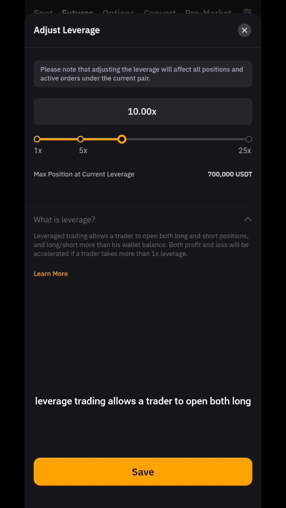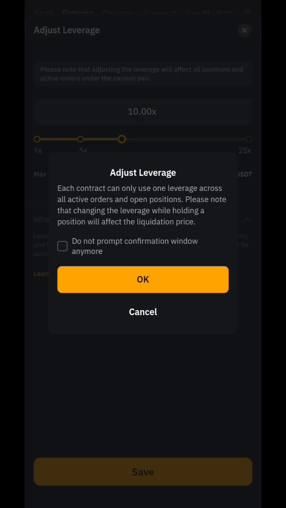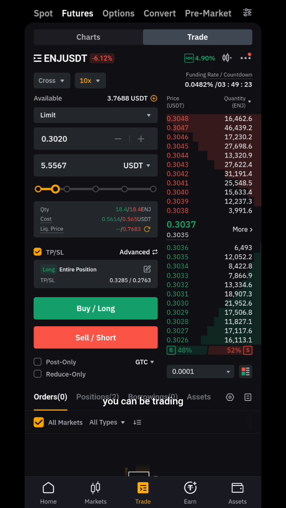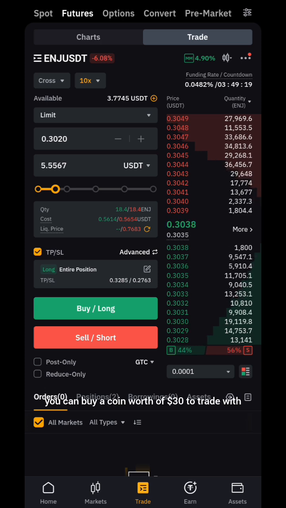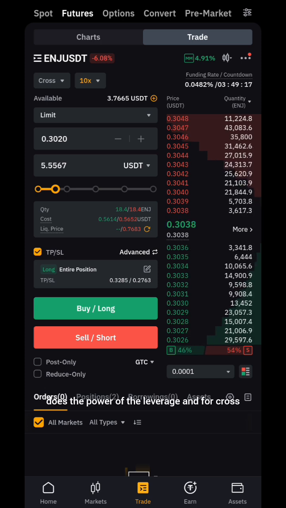You see, leverage trading allows the trader to open both long and short positions, and long or short more than his wallet balance. Both profit and loss will be magnified if a trader takes more than 1x leverage. That's what it means. So if you have $3, you can buy a coin worth $30 to trade with. That's the power of leverage.